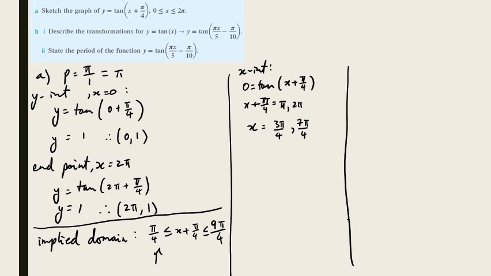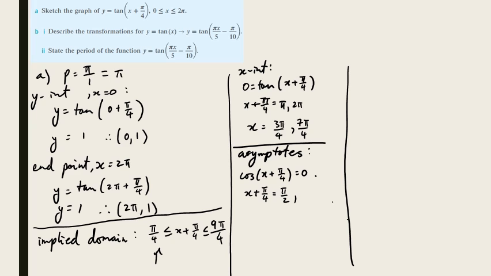Alright, now to find the asymptotes. So remember that's when cos of whatever that is equals 0. It's equal to 0 at every pi on 2, sorry, for the top and the bottom.